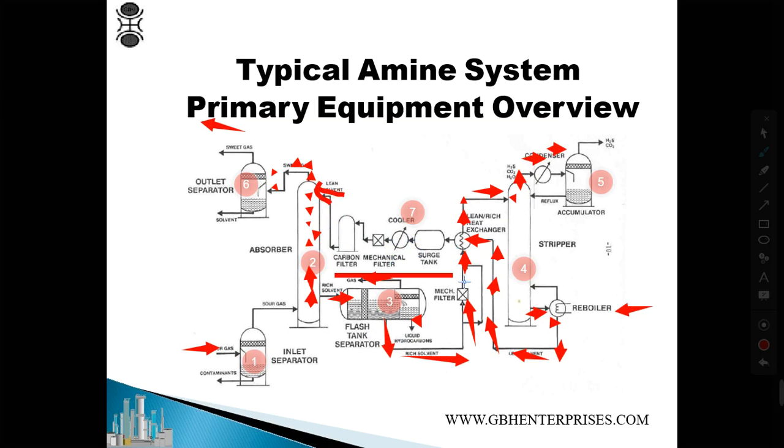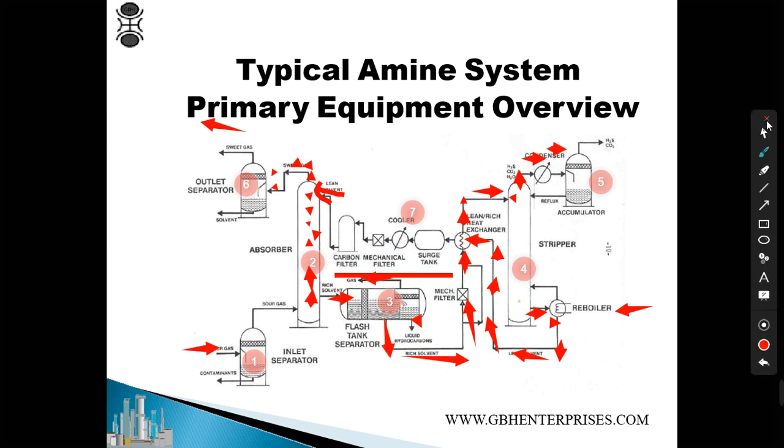So there are seven main components: one absorber, one stripper, flash tanks. If there's any amine, we remove it and we send the gas. Here if there's any gas or liquid, we remove it. Then we have the regenerator with a boiler, and H2S and CO2 are accumulated here. Lean amine is then sent back to the system after it passes through this one.